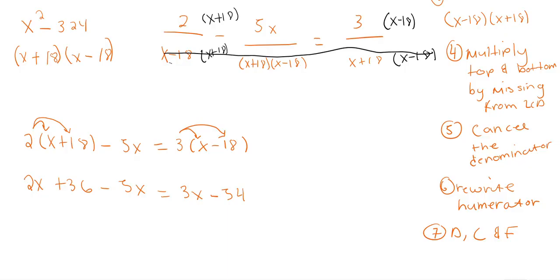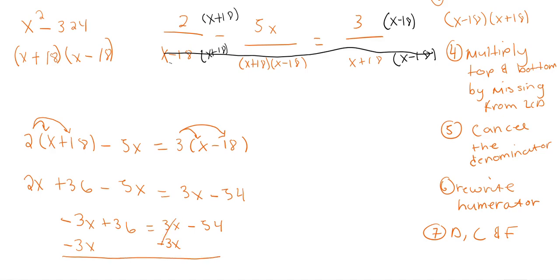All right, so now we're going to combine like terms. I have 2x minus 5x, which leaves me with negative 3x plus 36 equals 3x minus 54. I am going to put all my x's together, so I'm going to subtract my 3x from the right to the left.